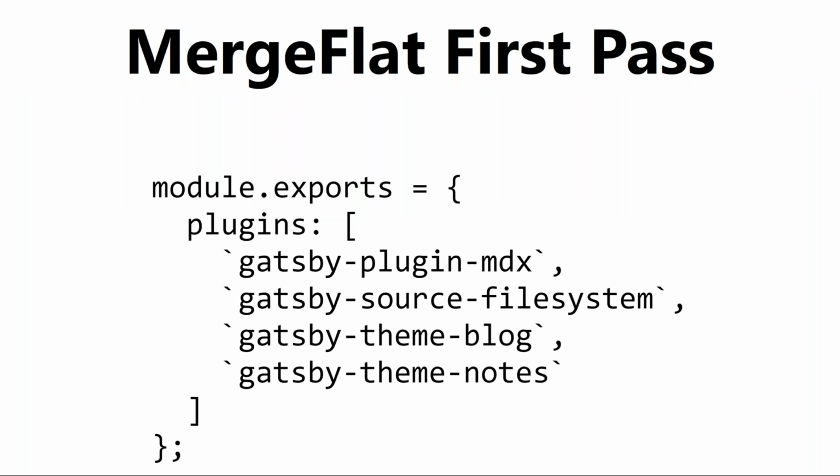We take those properties out and add them to the original Gatsby config, and they get placed before Gatsby theme blog. So now we've run one pass on one of the plugins. We've pulled out Gatsby plugin MDX, which was in Gatsby theme blog. We've pulled out Gatsby source file system, which was also in Gatsby theme blog. And then we also treat Gatsby theme blog as its own plugin because we also want to run the Gatsby node and Gatsby SSR files from the theme.